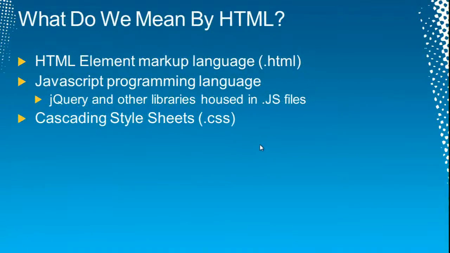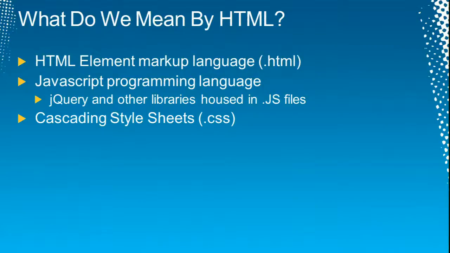All right, so what do we mean by this HTML? You have the HTML markup language, the .html, but along with it, we're really talking about two other areas when we say, oh, it's HTML. It's an HTML application. And maybe even more important, we're talking about the JavaScript programming language and all of the libraries, the .js files. Probably the most notable of them, or one of the most notable of them, is jQuery.